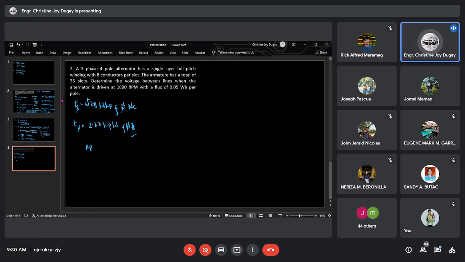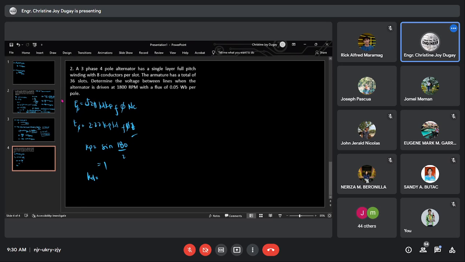So Kp natin, that is equal to, since full pitch, sine of 180 over 2, or that is 1, no? And Kd po natin, that is equal to... binigay ba? The armature has a total slots of, determine the line voltage. Parang kulang yung given. Single layer, full pitch, 8 windings.